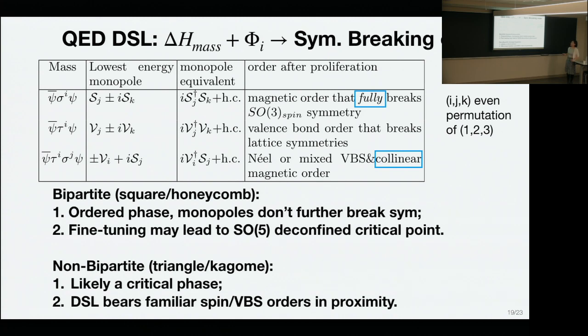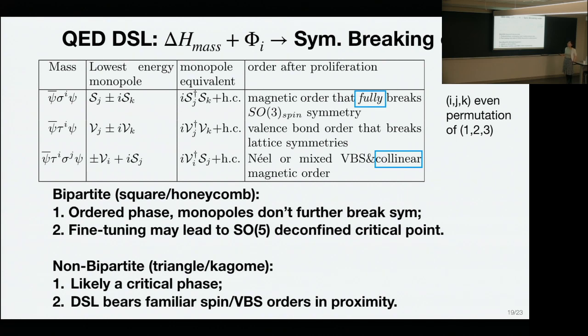So to summarize, we find that this Dirac spin liquid might be a promising candidate for spin liquid states. And even if it's not stable, it helps organize the plethora of ordered phases, showing which kind of order parameter gets enhanced in the vicinity of this Dirac spin liquid.